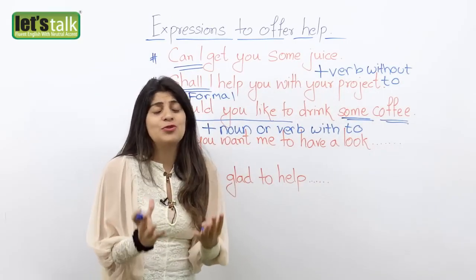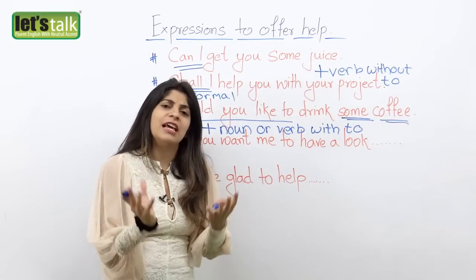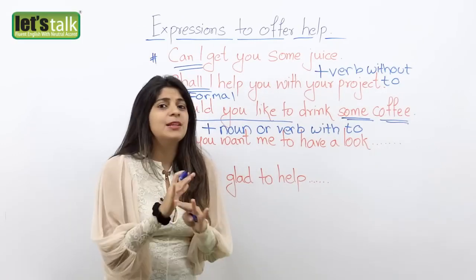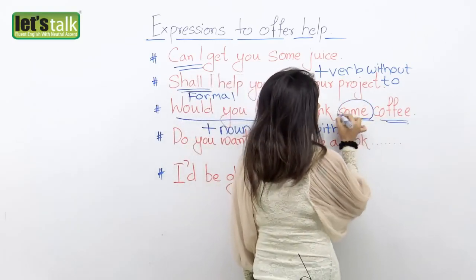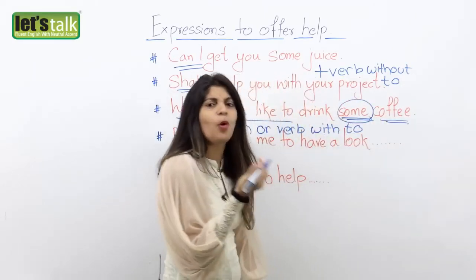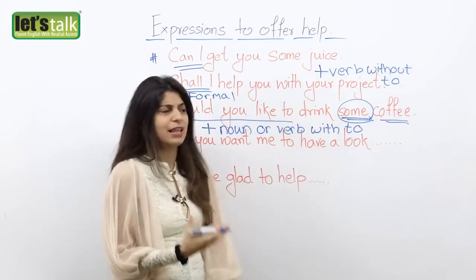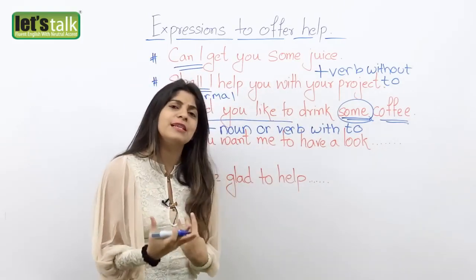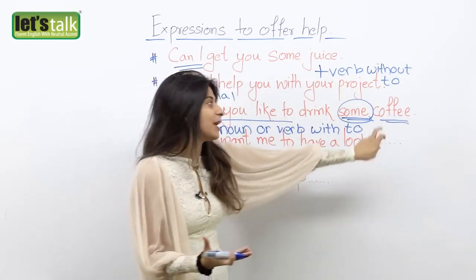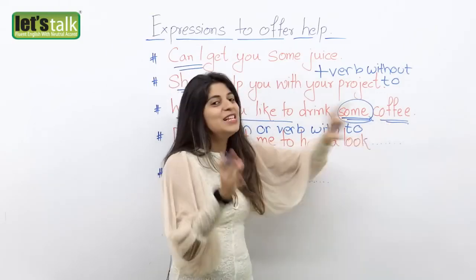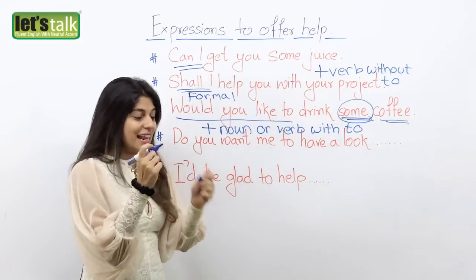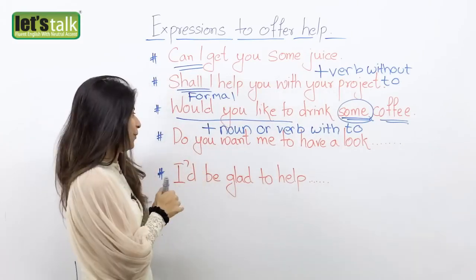People say, would you like to drink a tea? Would you like to drink a milk? That's absolutely incorrect. You would always use the word some or little. Would you like to drink a little coffee? Would you like to drink some coffee? The reason is that coffee is an uncountable noun. Okay, so please make a note of this and let's have a look at another expression here.